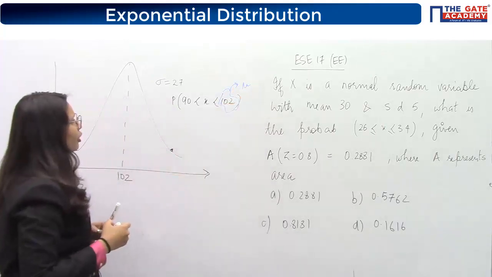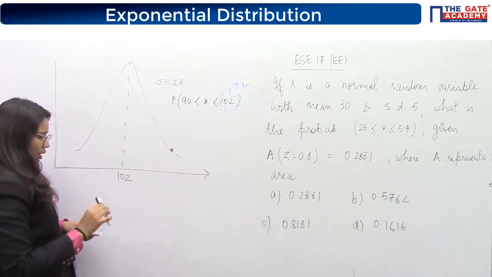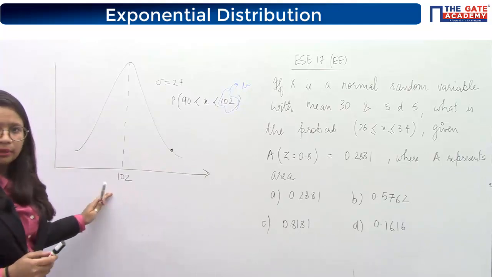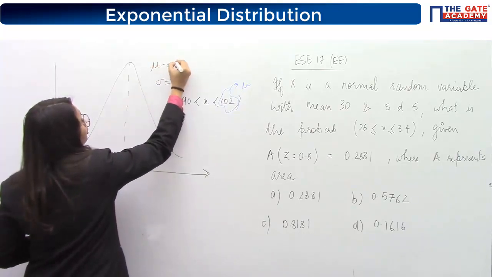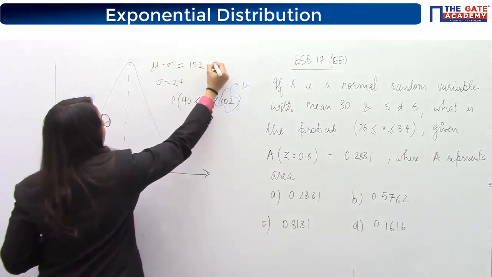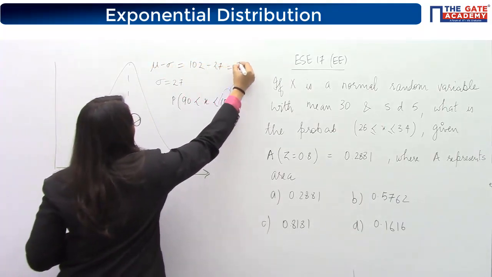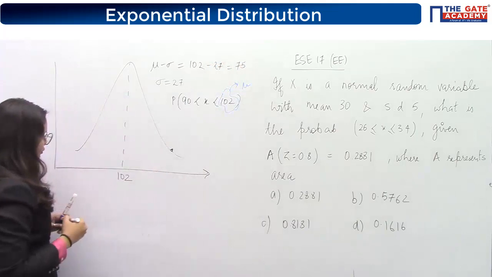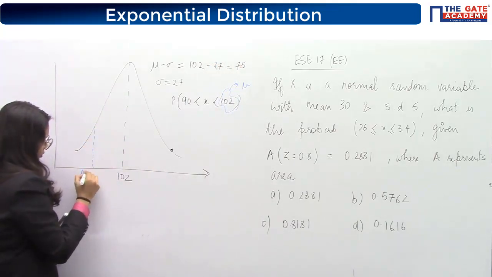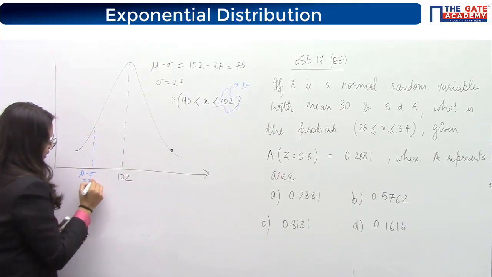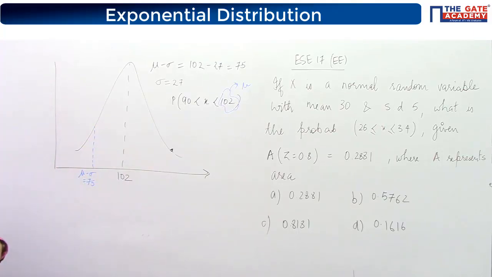Now you should look at what 90 is. 90 will definitely be less than the mean. So first of all, let's find mu minus sigma, that is 102 minus 27. It will come out to be 75. So if I plot here, let's say this is your mu minus sigma, that is 75.